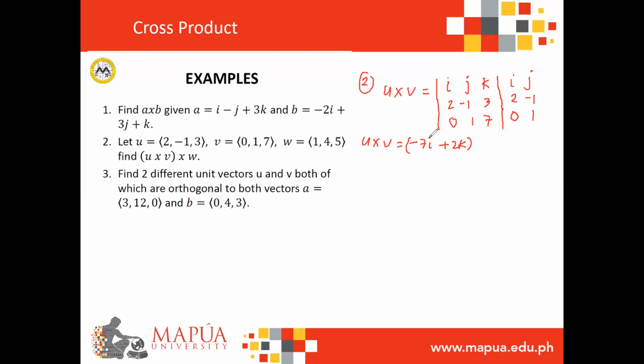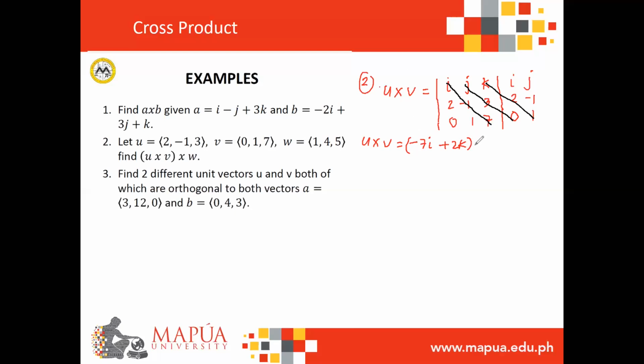We can check again by marking those numbers diagonally. So starting here, we have negative 7i, then this is 0, then this will be 2k. So that's correct.